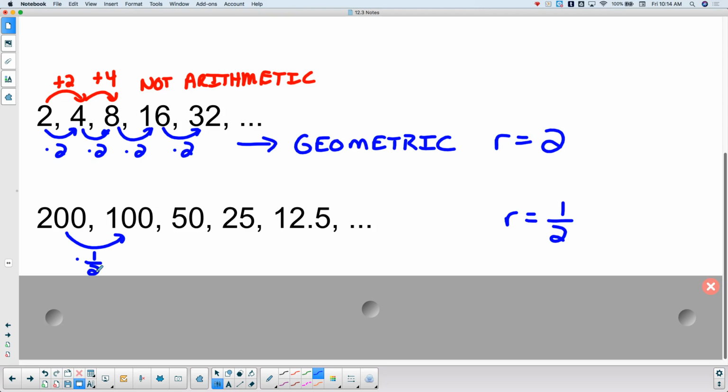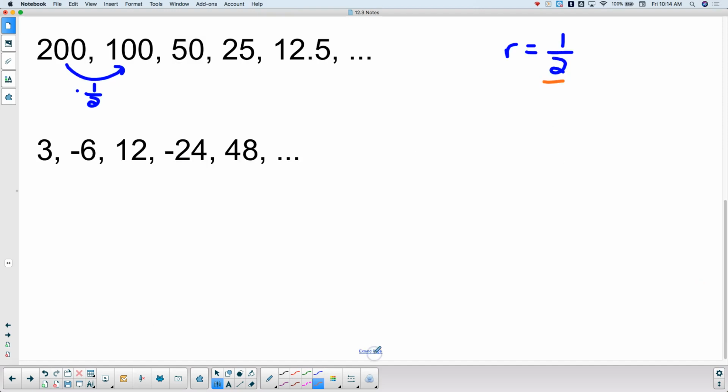So our r values can be whole numbers. Our r values can be fractions. What about in this one? Right away, it's not arithmetic, and I know that because it switches positivity between terms.